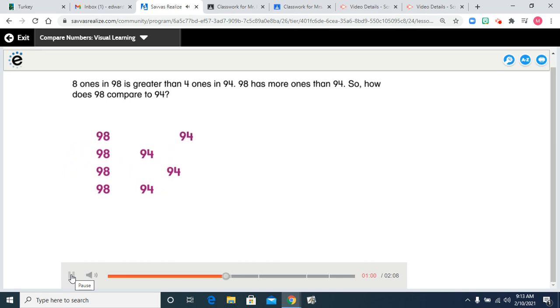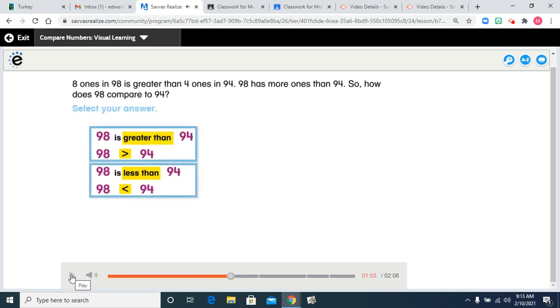So, how does 98 compare to 94? Select your answer. Okay, so is it 98 is greater than 94? So this is a greater than sign. I always say that it looks like an alligator's mouth, and the alligator is always very hungry and wants to eat the biggest number.